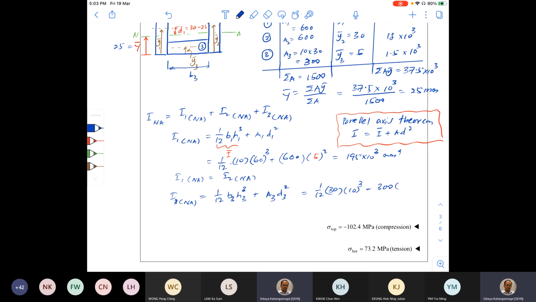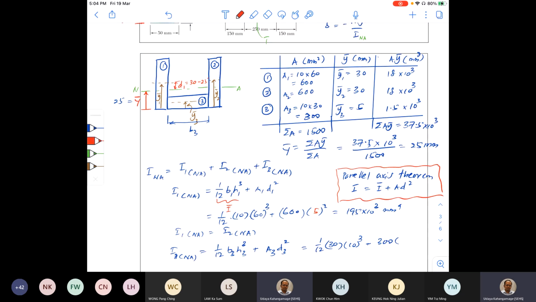So D3 is equal to Y. Can you locate that one here? So I just extend this one. This is the D3. That is 25 minus 5, that is 20 millimeters.